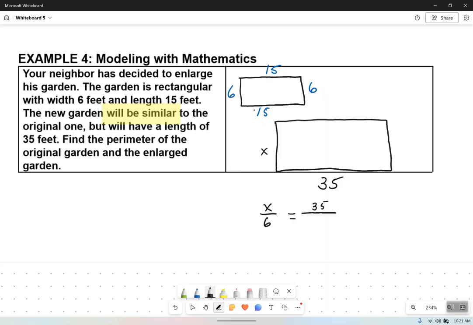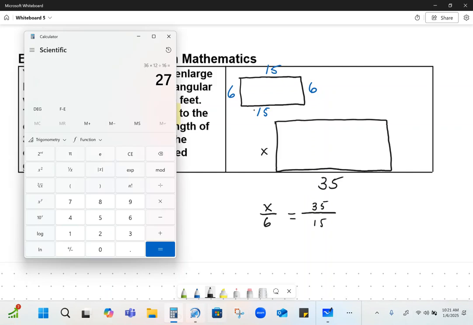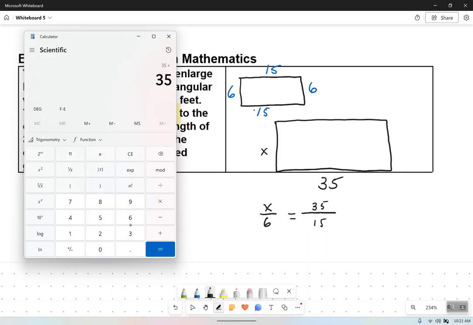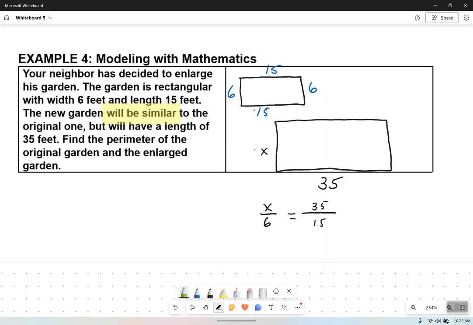I went from big compared to small, big compared to small. You with me on that? So I'm going to take 35 times what here, kids? Divide by what? What do we get for a value there for x? X is 14.